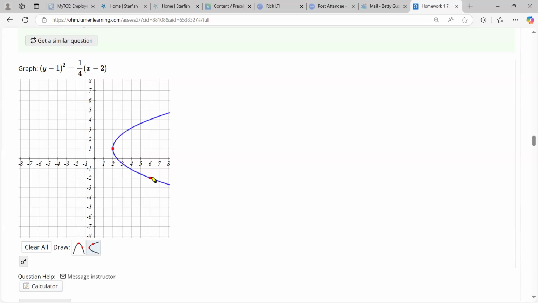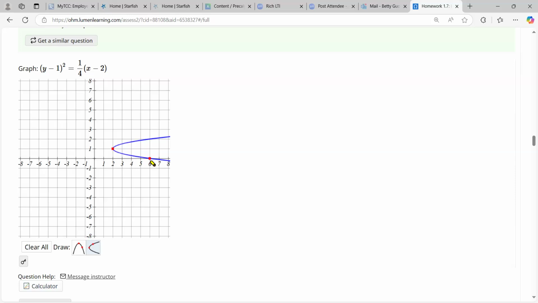Yeah, that works. Okay, can you help me by plugging in y equals 0 and let me know what the x-intercept is? I'll let you do this part. Plug in y equals 0 and solve for x.